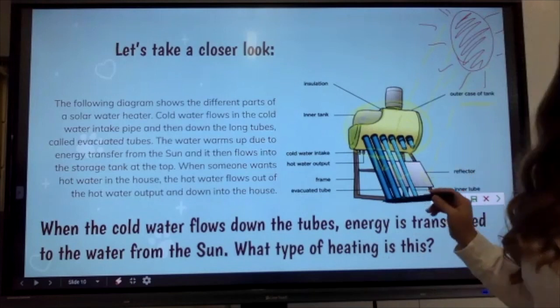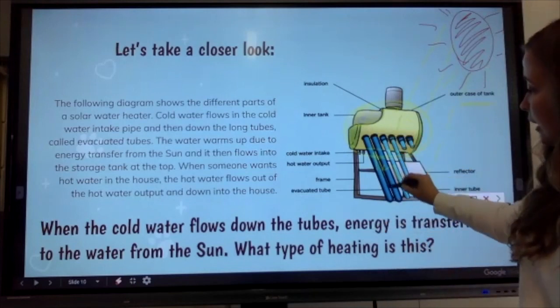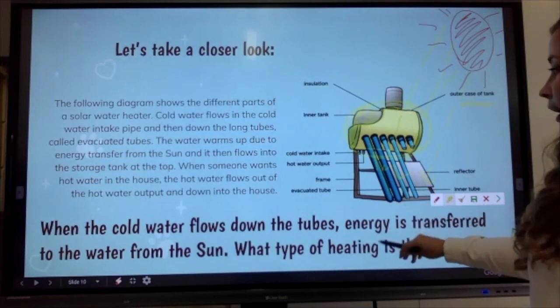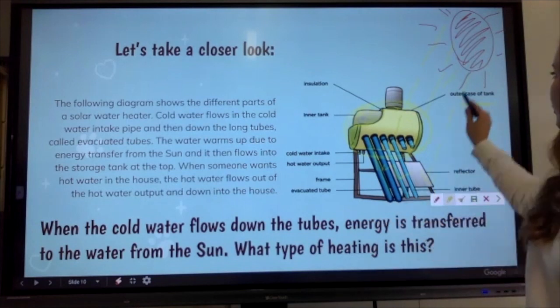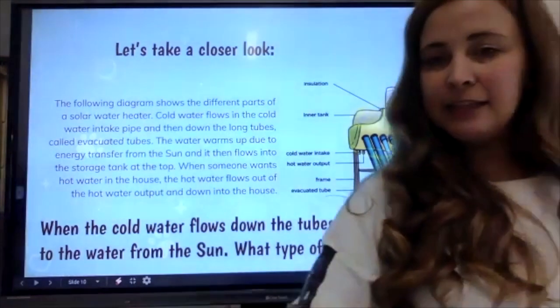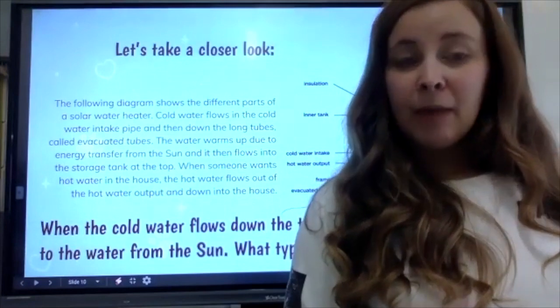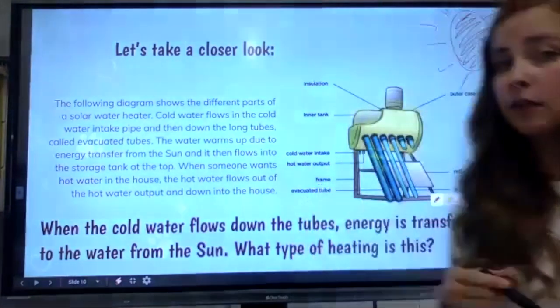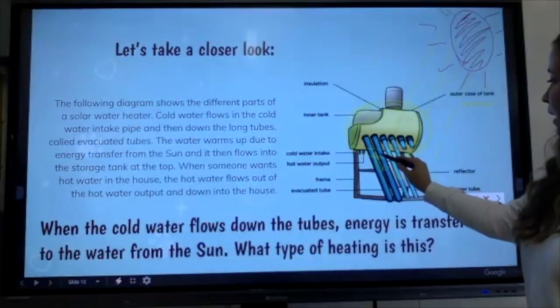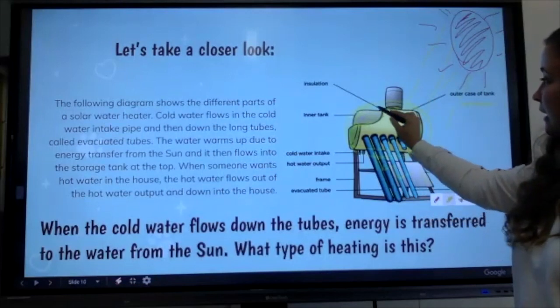Now my question for you is, when the cold water flows down the tubes, energy is transferred to the water from the sun. What type of heating is this? And we don't want to make the pipe out of an insulator because we want the water in the pipe to warm up. But we want to keep the heat in here.